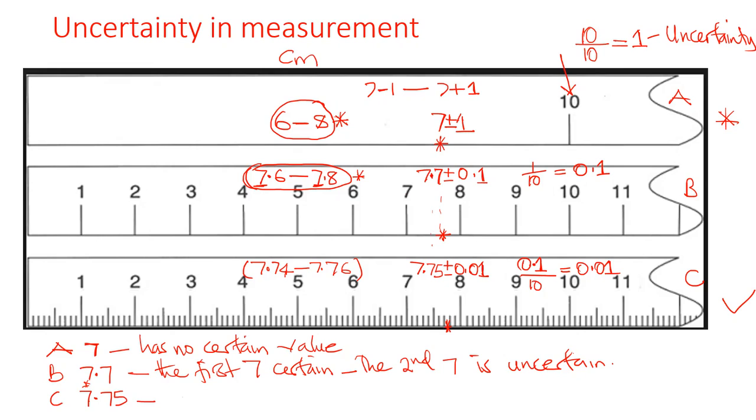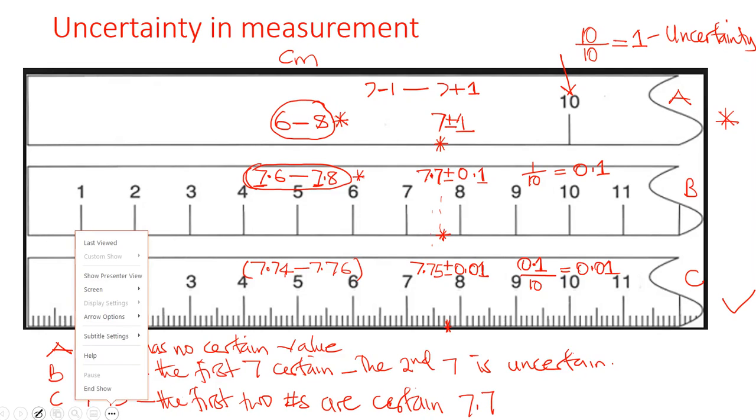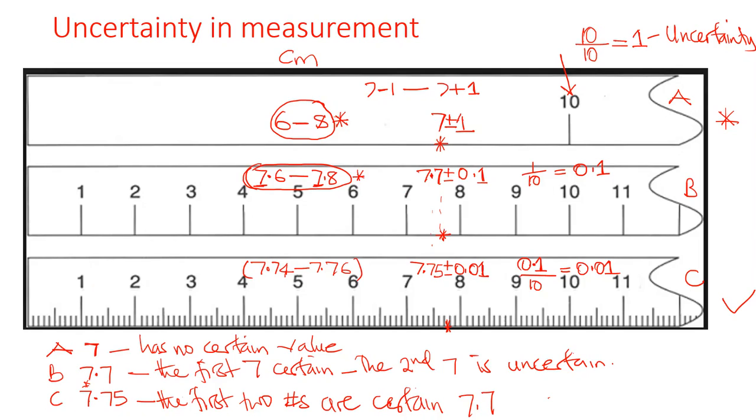For C, the first two numbers are certain. So only 7 and 7 are certain. The third number, which is 5 here, is uncertain because it may be 4, it may be 6, or it may be 5.